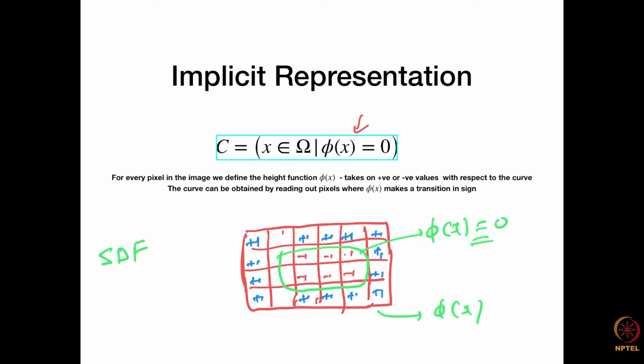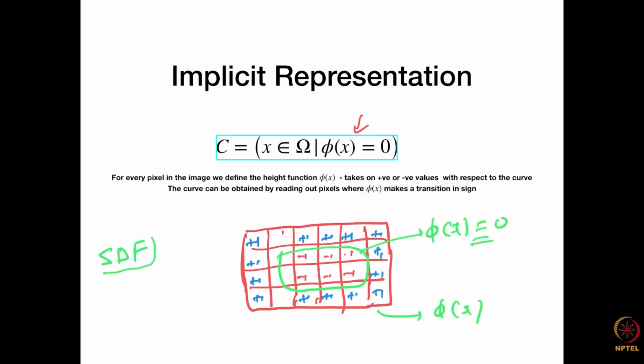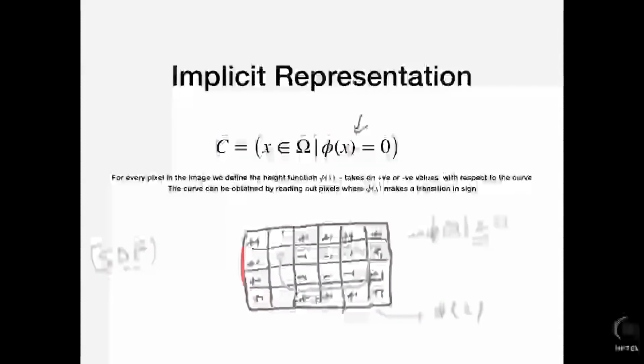That is usually the signed distance function, abbreviated as SDF. This is the typical representation. I have given you a much simpler one, wherein everything inside the curve is negative, outside the curve is positive, and the transition regions tell you where phi of x equals 0 lies, and that will be the segmentation that you are seeking.